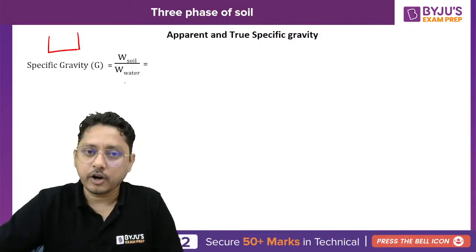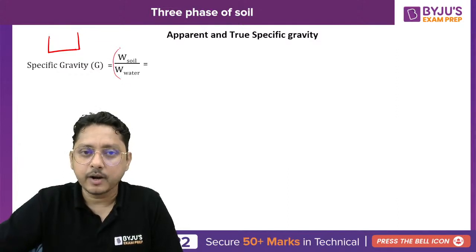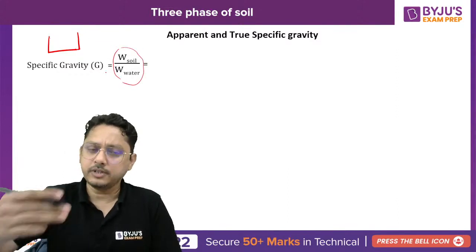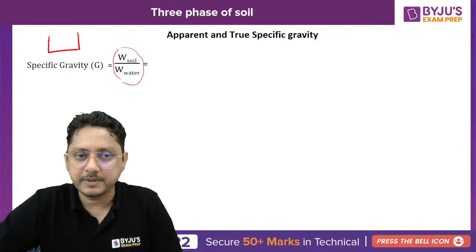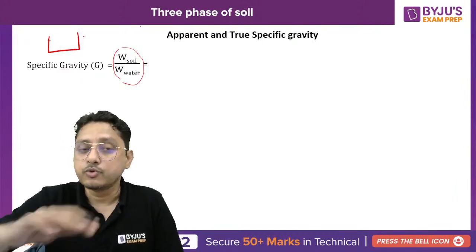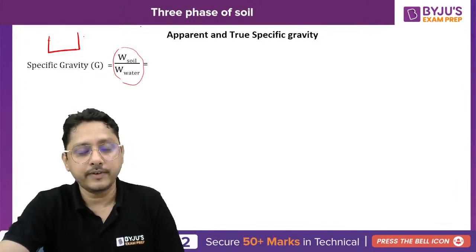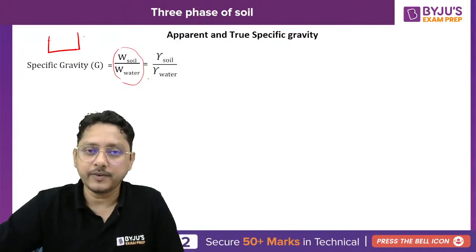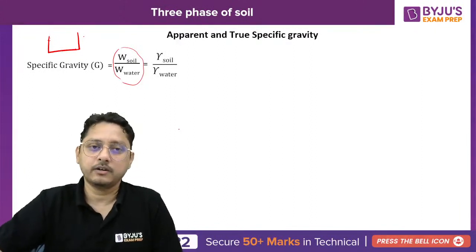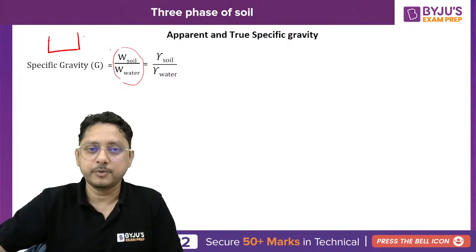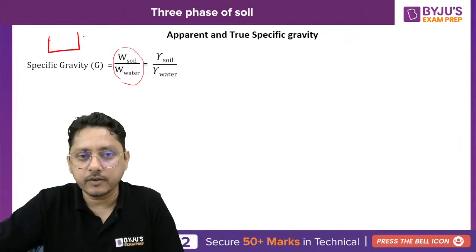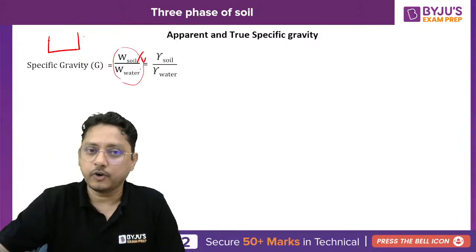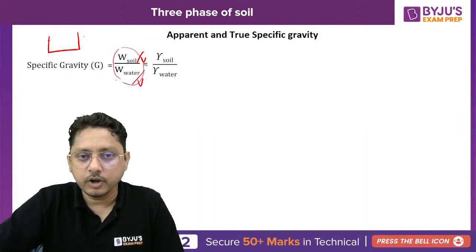But generally, we are not representing it in terms of weight. We are representing it in terms of unit weight. Why? Because, as I told you, the volume must be the same. So it's better to go for the unit weight of the soil and the unit weight of the water. So it is nothing but unit weight of soil divided by unit weight of water. Because the weight of soil divided by volume, for the same volume, and weight of water divided by the same volume, so the volume cancels.